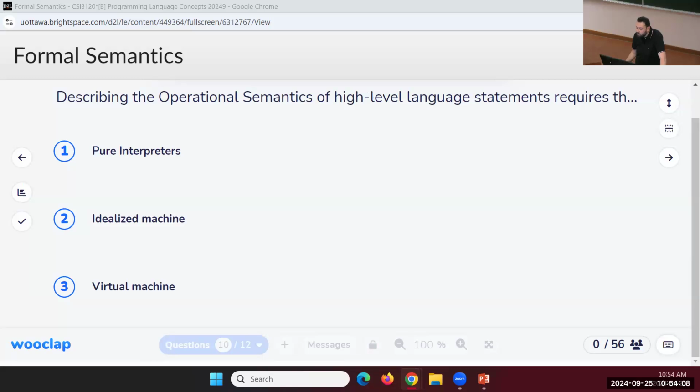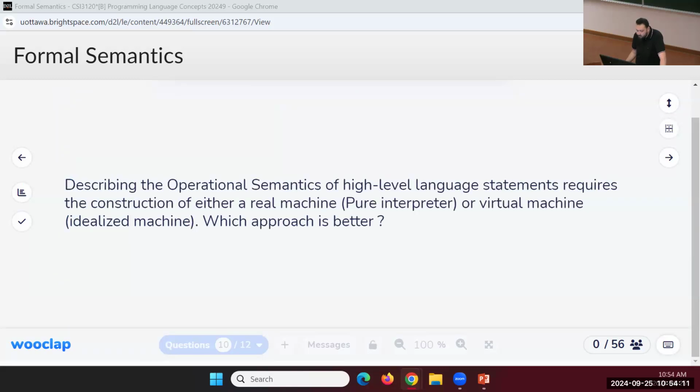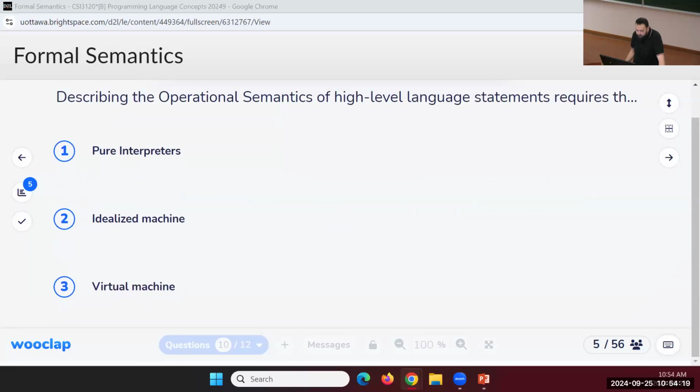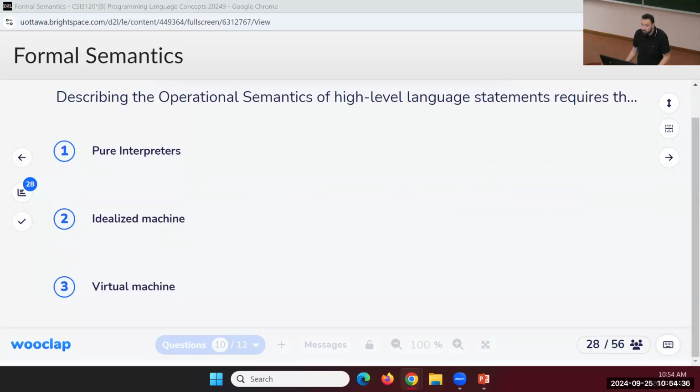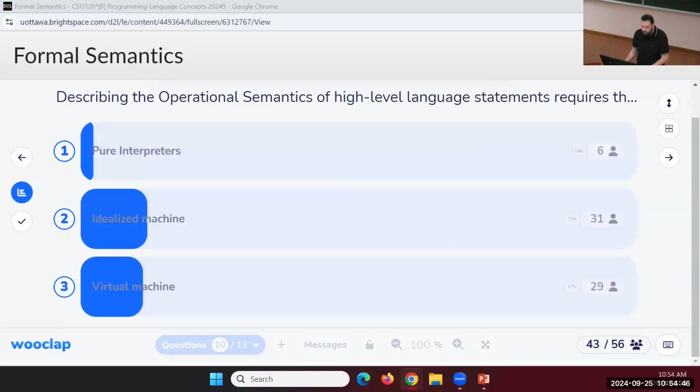Describing the operational semantics of high-level language statements requires the construction of either a real machine, pure interpreter, or a virtual machine, idealized machine. Which approach is better? Exactly.